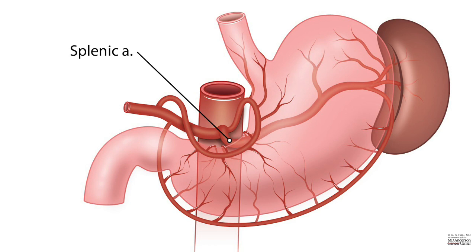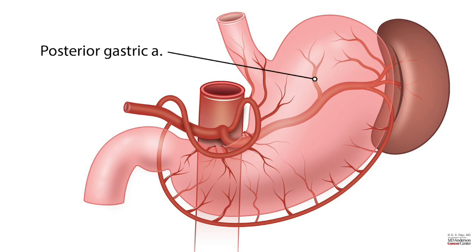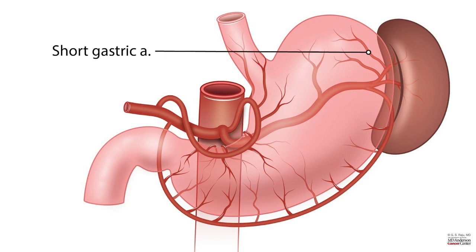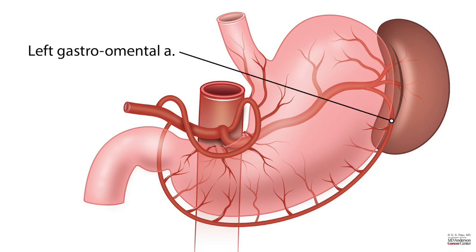I've done that before. And the celiac artery supplies the stomach through posterior gastric artery branches, as well as short gastric arteries that supply the fundus, and the left gastroepiploic artery that supplies the portion of the greater curve.